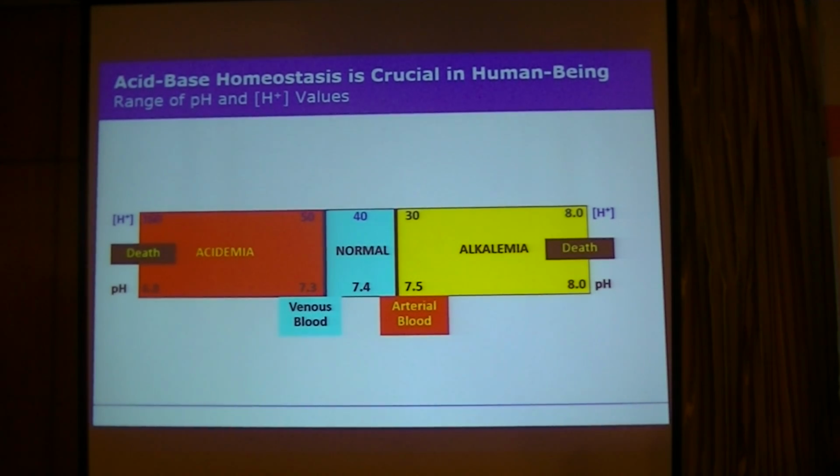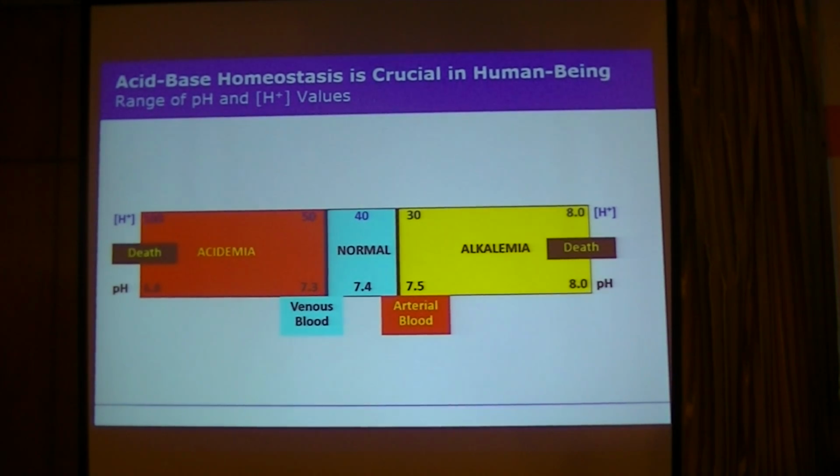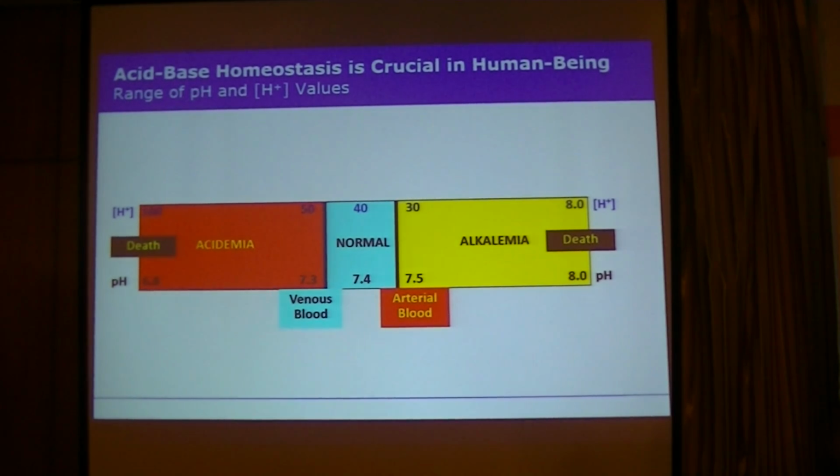So you have the pH value, and the normal value is 7.35 to 7.45, so the average is 7.4. This is the normal pH range. And if you convert that to hydrogen concentration, it's 40 nanomoles, so it's not 40 millimoles, it's 40 nanomoles. So we have a very narrow target range to maintain the patient.